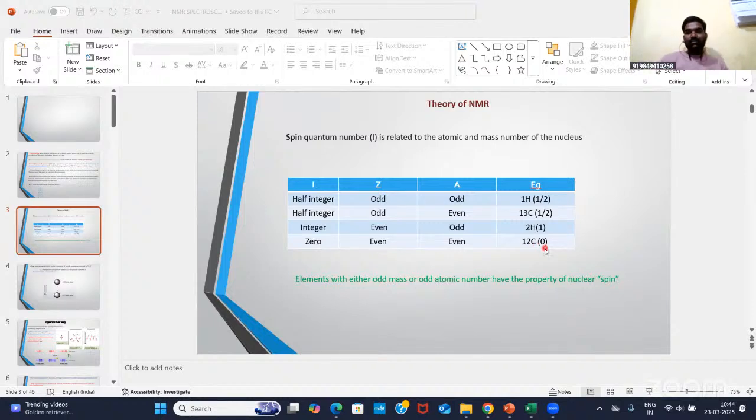So elements with either odd mass number or odd atomic number have the property of nucleus spin. Either the atomic number must be odd, or else the mass number must be odd. Then only we can find the spin.